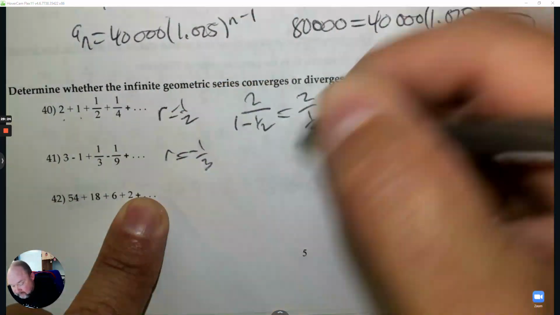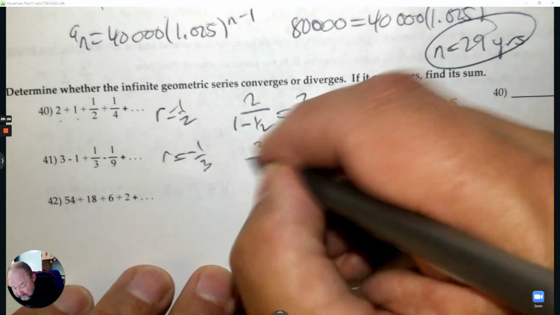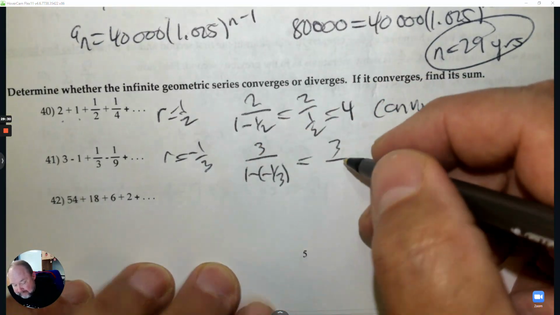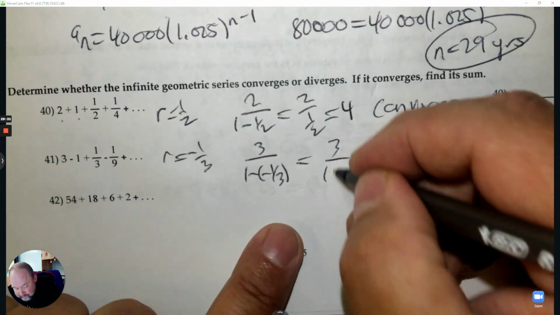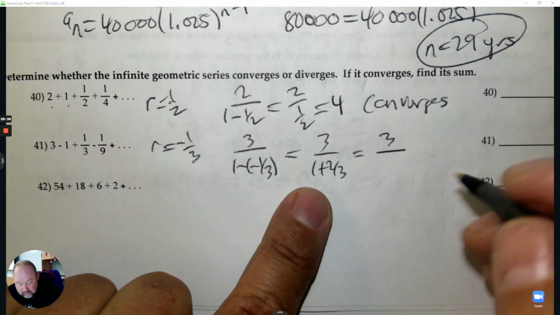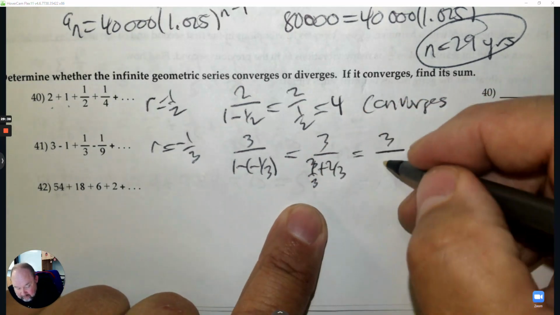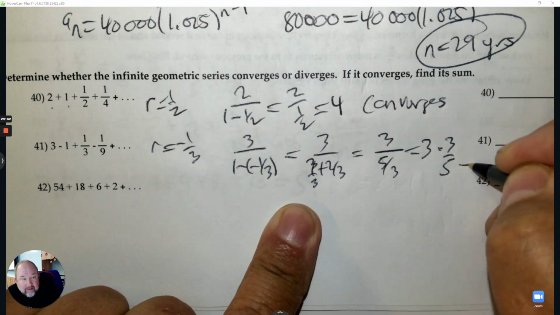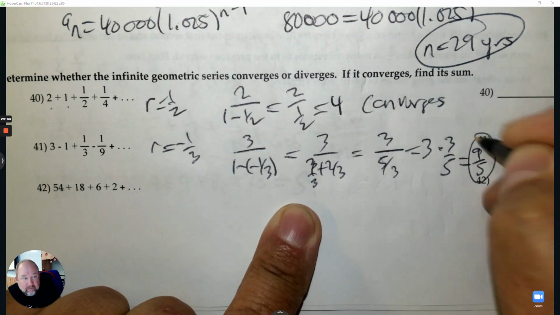That's between negative 1 and 1. It converges. So A1 over 1 minus negative 1/3. That's the same as adding 1 plus 1/3. Get common denominators, and you get 4 over 3. Multiply times the reciprocal, and you get 9 over 4. That's what it converges to.